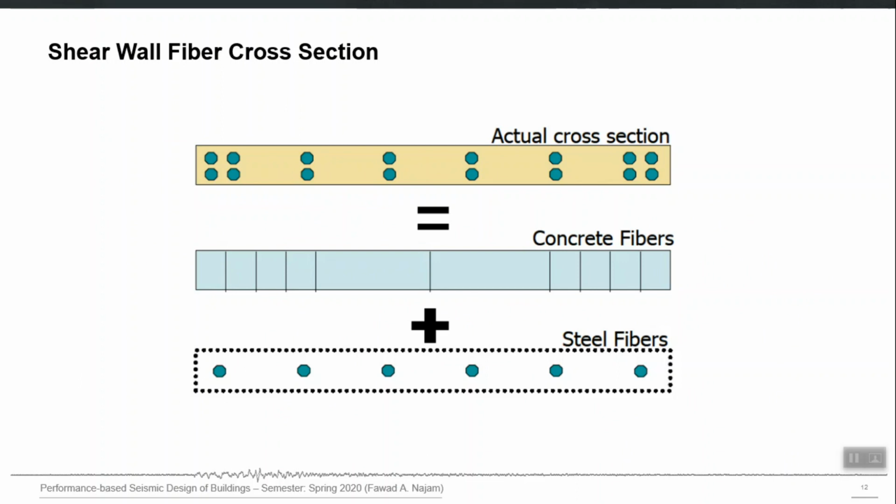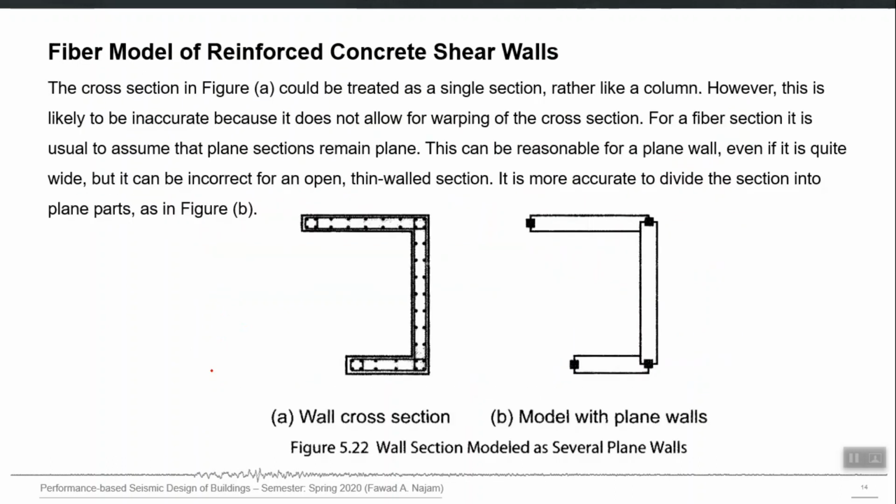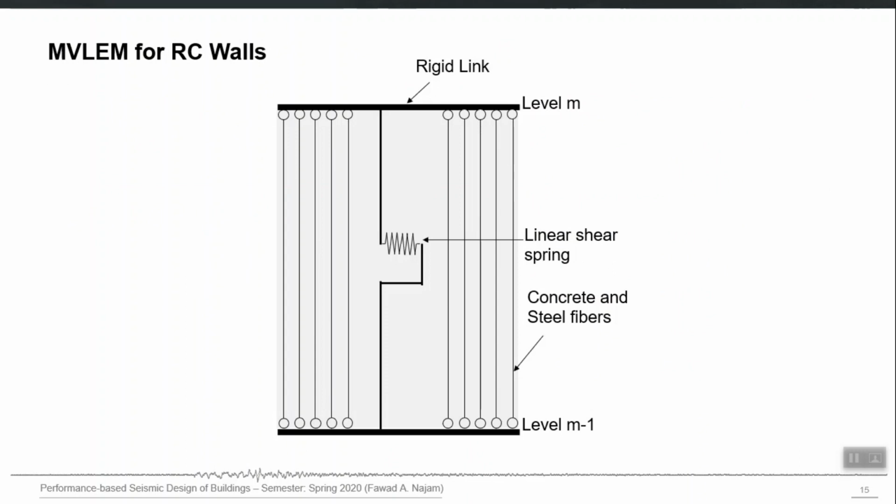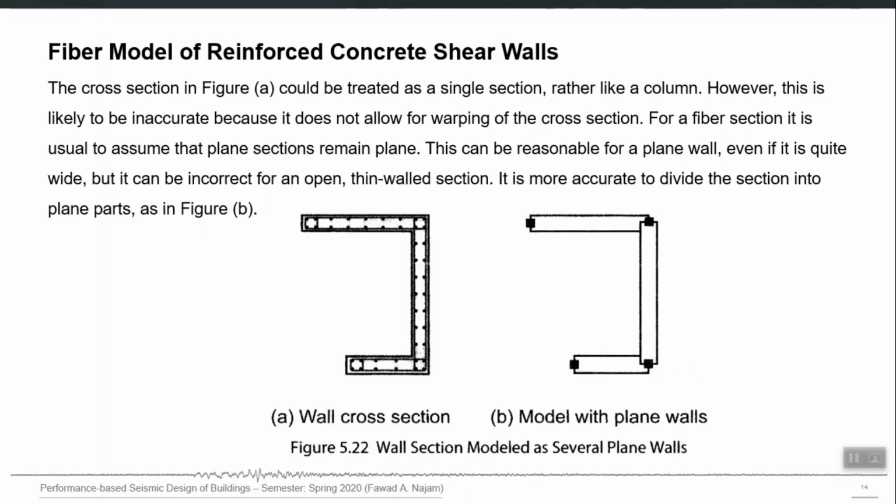This is another depiction. This is a real cross section. It is divided into some concrete fibers and some steel fibers, right? You can lump a few rebars to represent one steel fiber. So the summary is that you need the exact location or detailing of your column sections before you start fiber modeling, right?